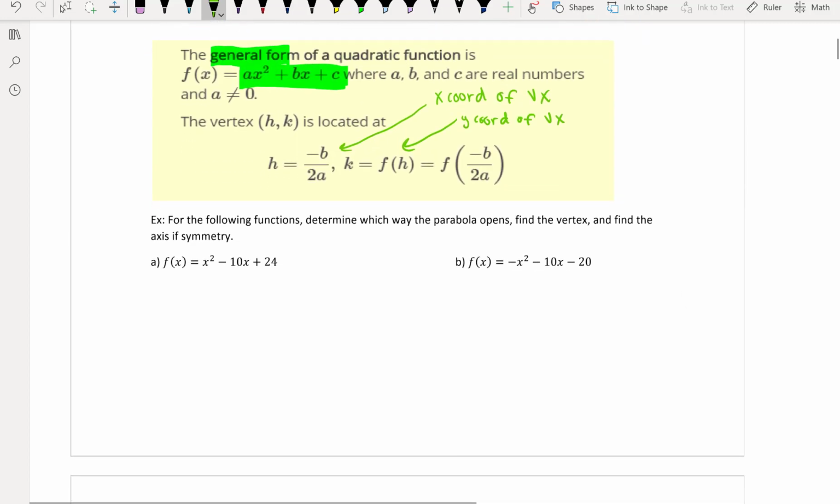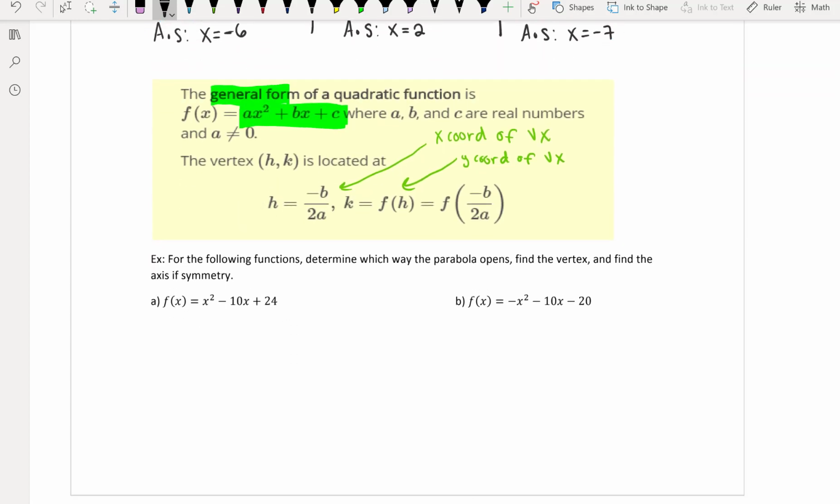So, for example, it says, for the following functions, determine which way the parabola opens, find the vertex, and find the axis of symmetry. Okay, I'm looking at this, and I have some information. I can tell you what my a, b, and c values are. My a value is 1, since there isn't one, so we assume it to be 1.